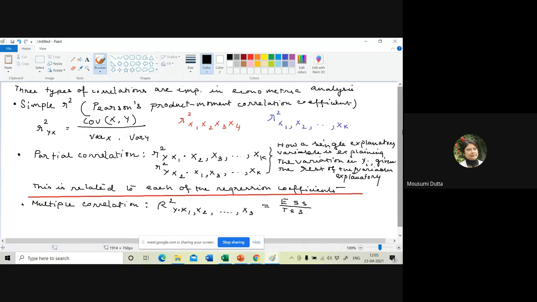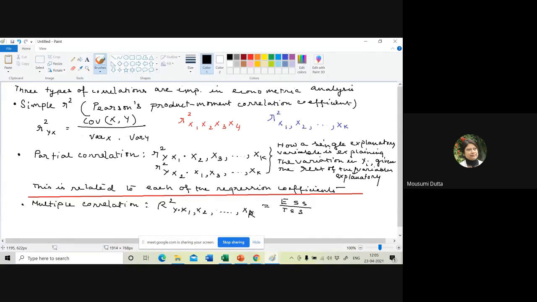Finally, there is the notion of multiple correlation. Multiple correlation we generally define by capital R square, and it is R square y dot x1, x2 to xk.